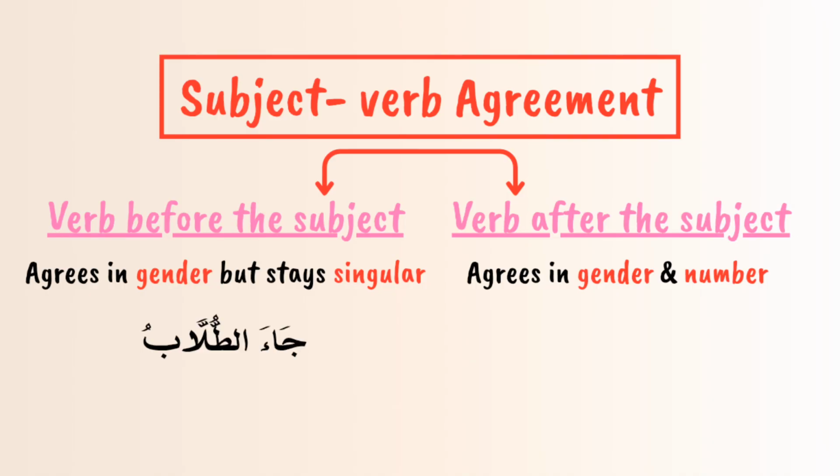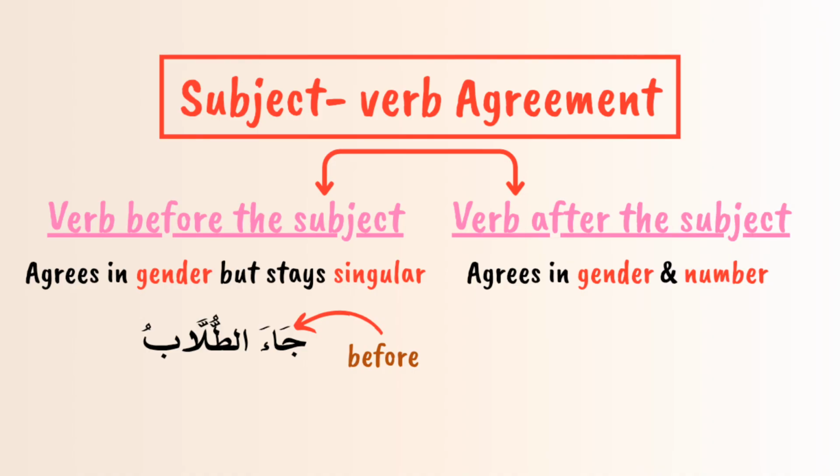جاء الطلاب. The students came. جاء is the verb and الطلاب is the subject. Notice how the verb is singular even though the subject is plural. That's because the verb came before the subject, so it only agrees with the subject in gender. The subject is masculine, so the verb is masculine as well.